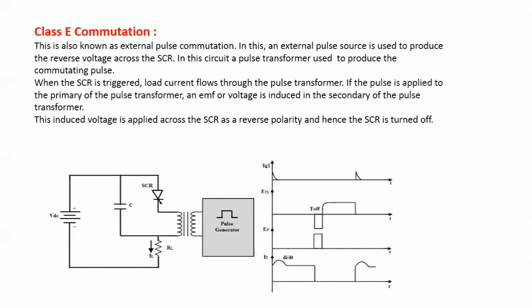When the SCR is triggered, the load current flows through the pulse transformer, and if this pulse is applied to the primary of the pulse transformer, automatically an EMF or voltage is induced in the secondary of the pulse transformer. This induced voltage is further applied across the SCR, which makes the reverse polarity, and the device goes to the off state.